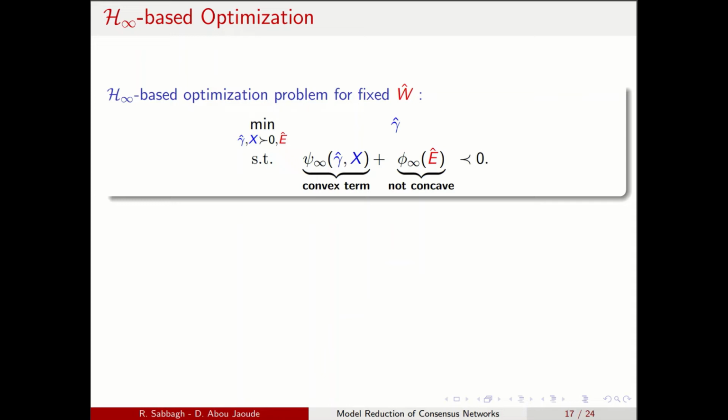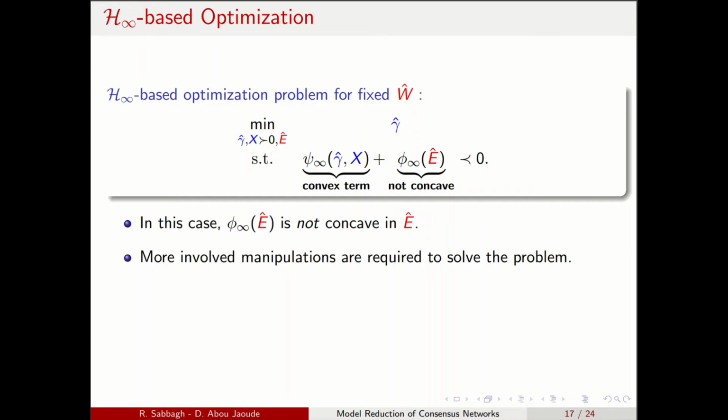And while the weights optimization problem that we saw before was readily handled by iterative linearization, in this case, phi infinity is not concave in E hat. And in fact, more involved manipulations are required for the timescales optimization problem to be written in a form amenable to solution by the method previously discussed.